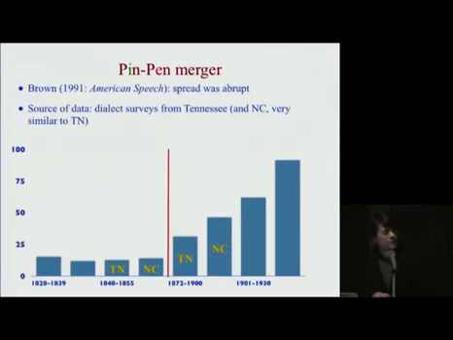We don't have the detailed data on this, but this is work from dialect surveys from the 1800s and also early 1900s. You can see it started out very flat, then it just shot up.